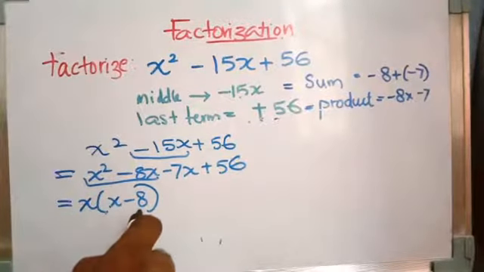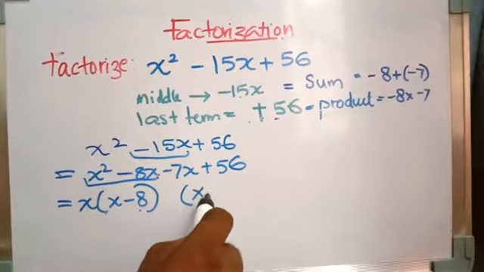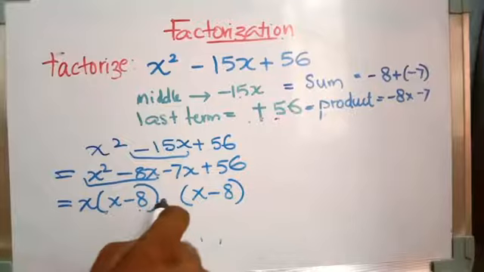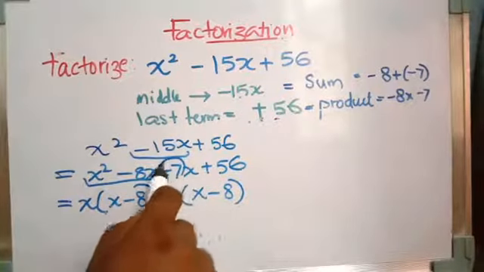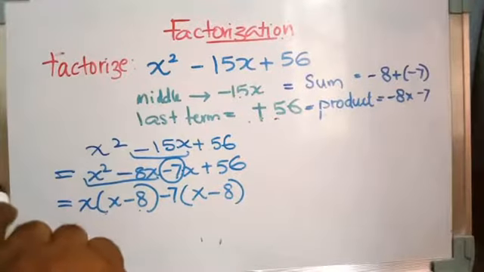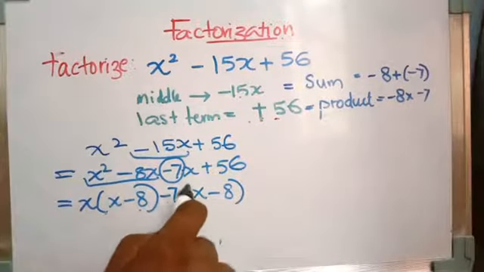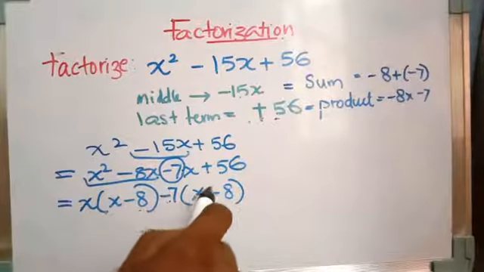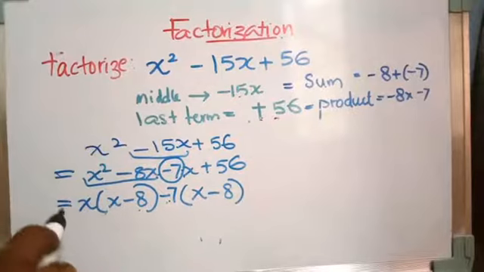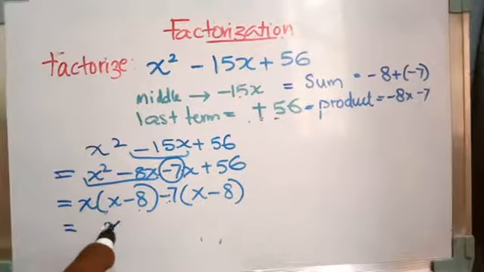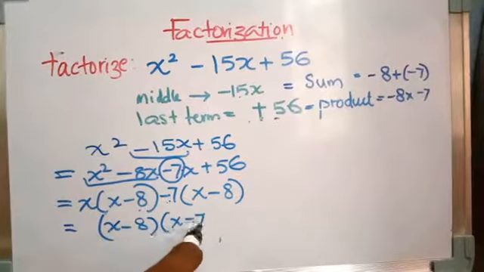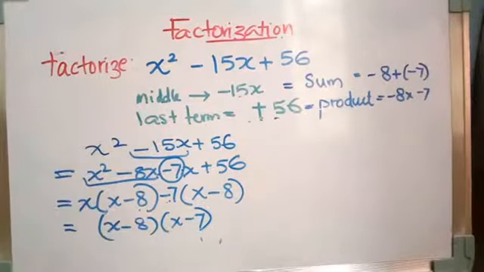As x minus 8 is in bracket, here also we must have x minus 8 in bracket, so the common term from this one should be minus 7. Just multiply and verify whether it is right. Minus 7 into x is minus 7x. Minus 7 into minus 8: minus into minus is plus, 7 8s are 56. It's correct. So we get the result as x minus 8 into x minus 7.